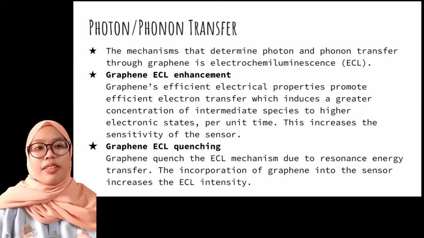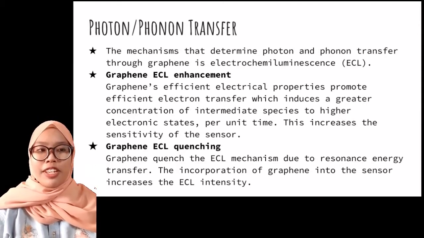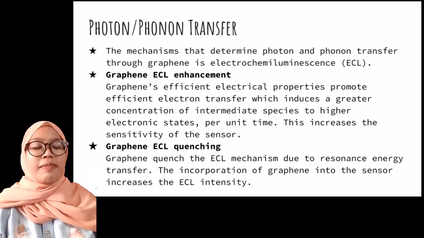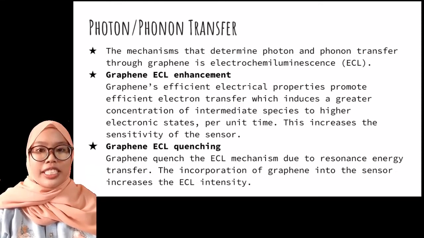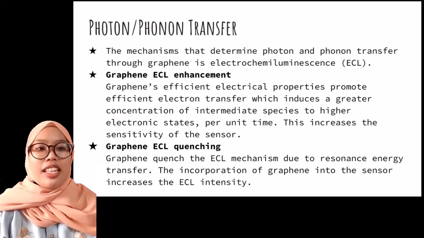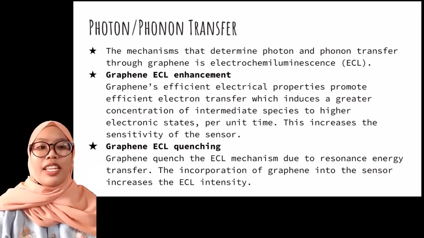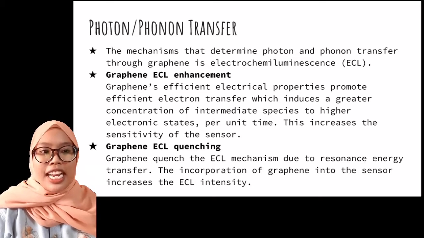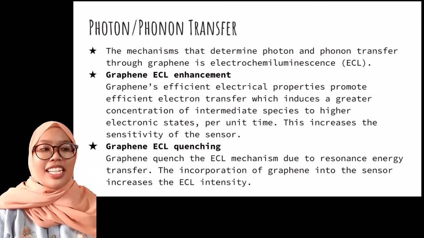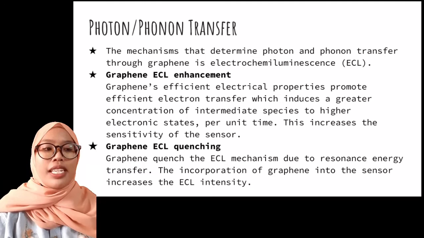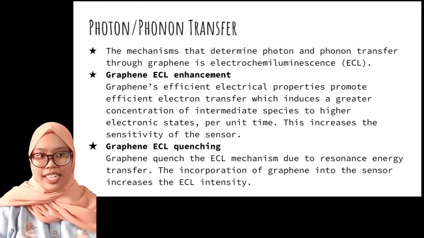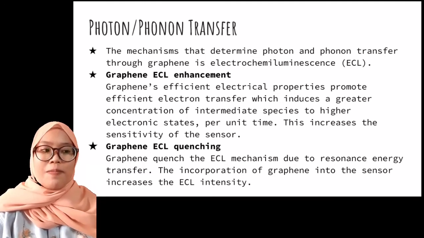Okay, the fourth principle is photon or phonon transfer. The mechanism that determines photon and phonon transfer through graphene is electrochemiluminescence, which is called ECL. The first one is graphene ECL enhancement. Graphene's efficient electrical properties promote efficient electron transfer, which induces a greater concentration of intermediate species to a higher electronic state per unit time.